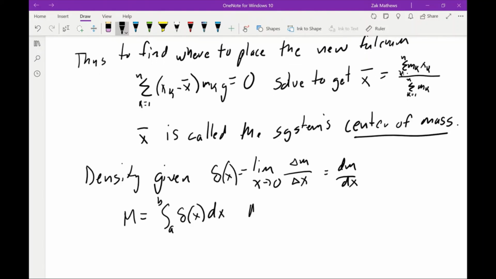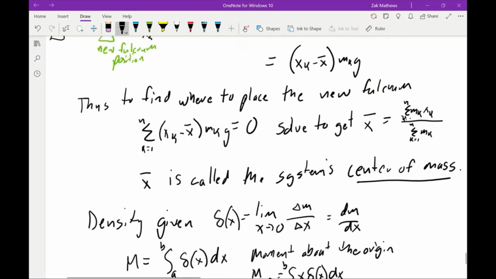And then the moment about the origin, which we can define as m0, is equal to the integral from a to b of x delta x dx.